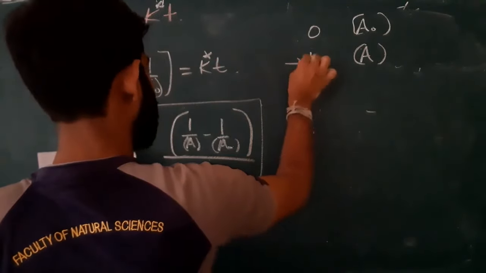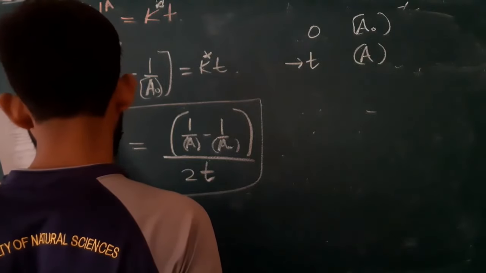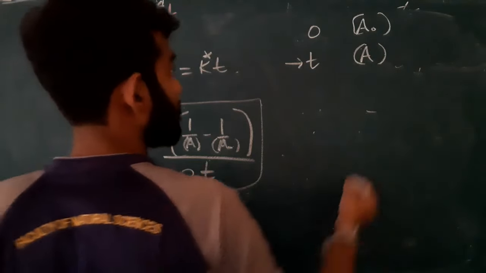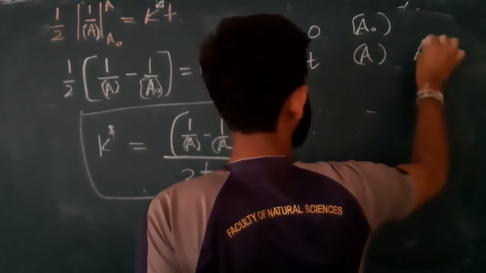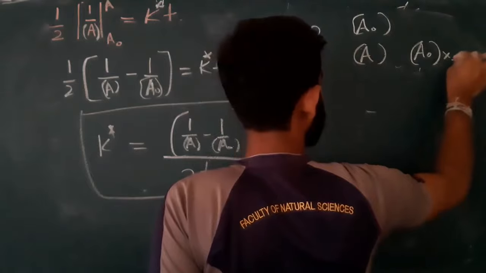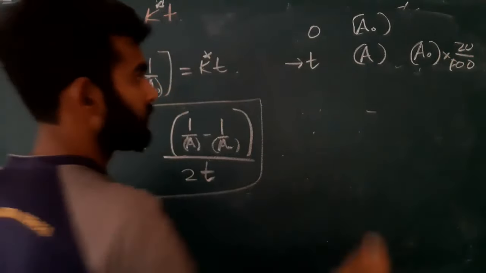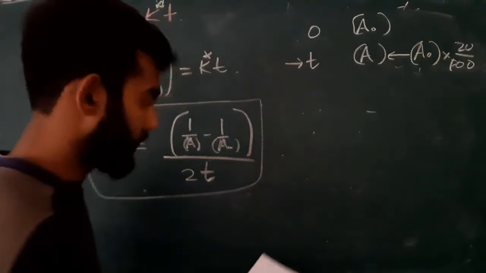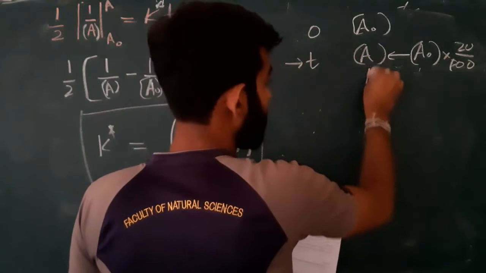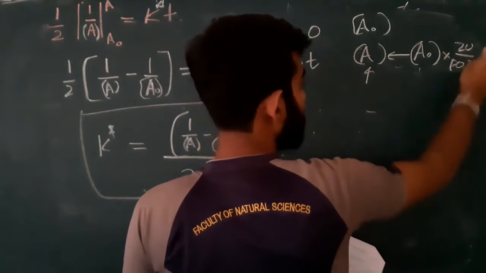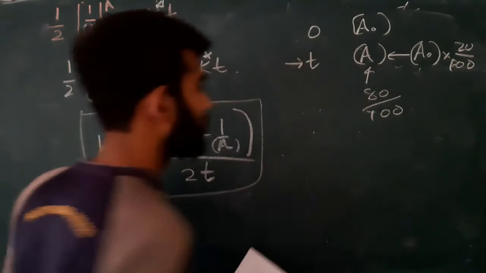Now they have given, at time t 20% of a has reacted. At time t initial concentration is a naught, 20% has reacted. So the remaining part is a. So what is a? If the reacted part is 20%, the remaining part will be 80%.